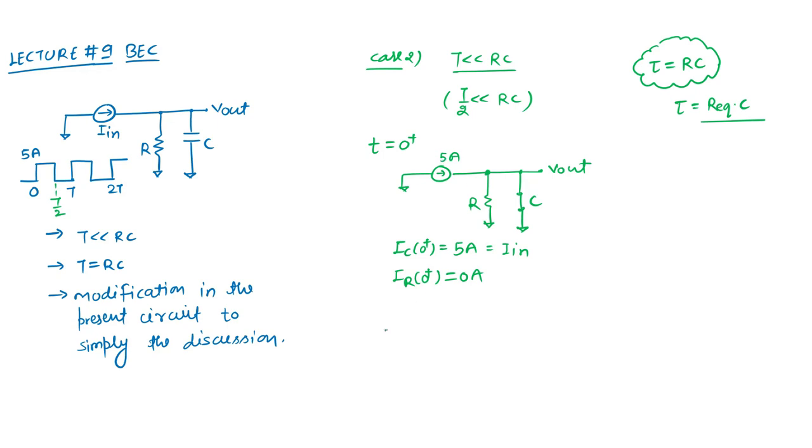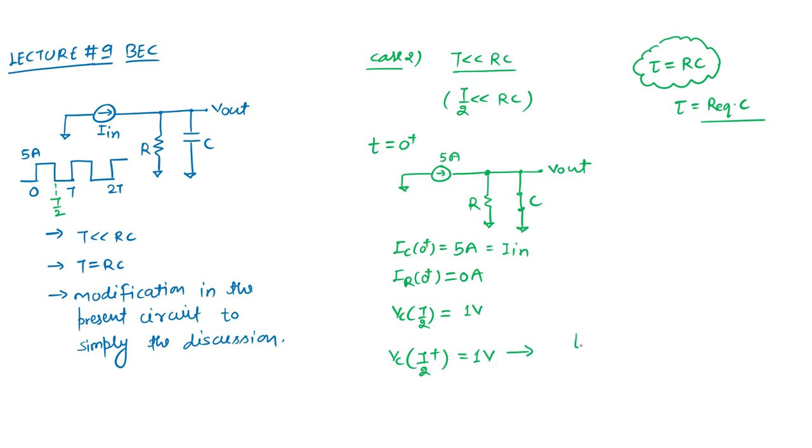Let's say my cap reaches some value, so VC at T by 2 reaches, I call it, 1 volt. Simple. What is happening after the instant T by 2? It is the same value, 1 volt. But what is happening with the circuit?